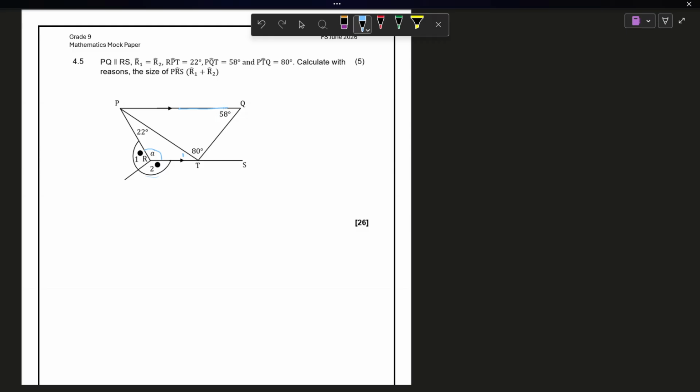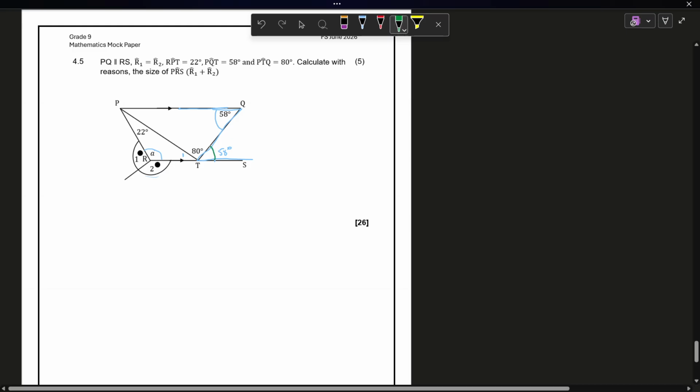We can also recognize that we have a Z or N, right? If we have 58 degrees there, here it's also 58 degrees, right? And with that, we would now have 3 angles on the straight line.